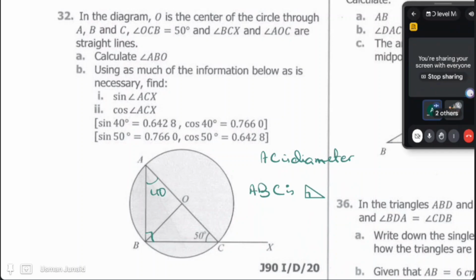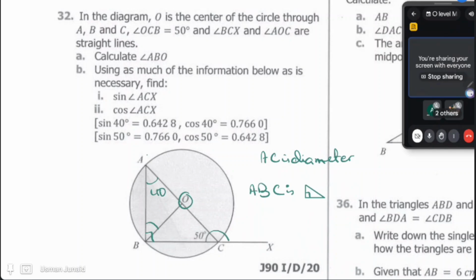Sir, I'm confused. Could you explain what part A is asking us? Which angle is it? Part A is asking for this angle. Okay. So O is the center, AC is your diameter. Angle BCX.